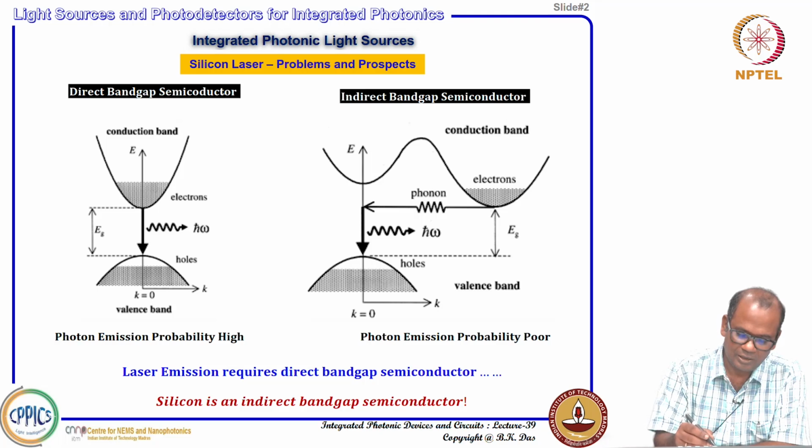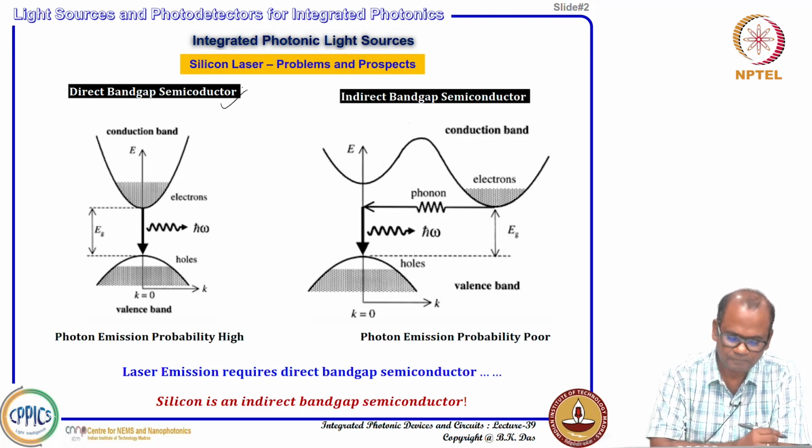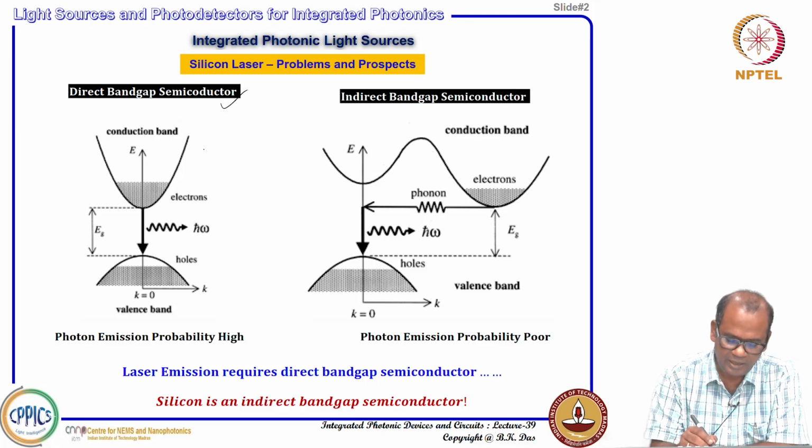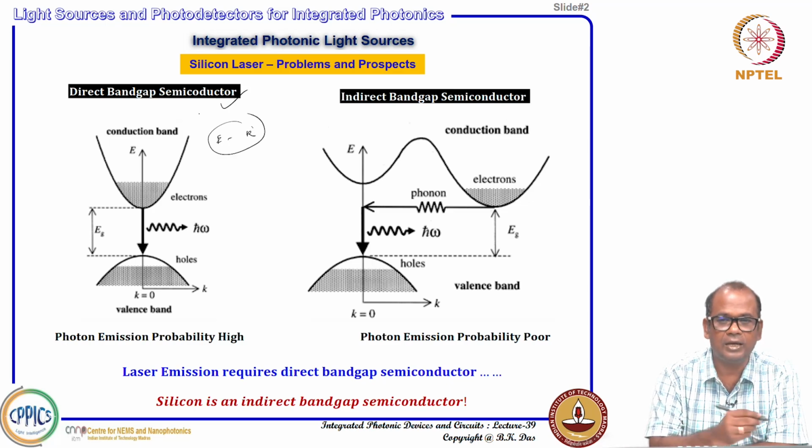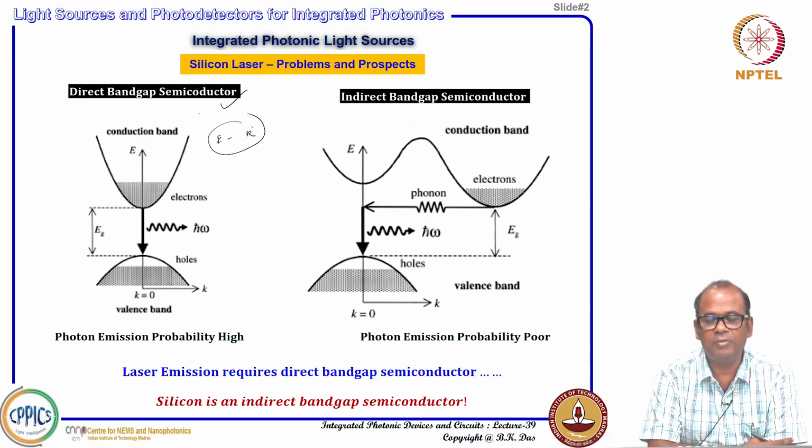One type is direct band gap semiconductors, for which you look at energy versus momentum, the so-called E-K diagram. K is the momentum vector.